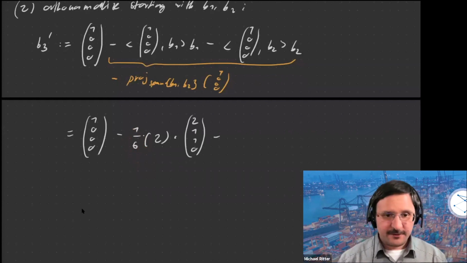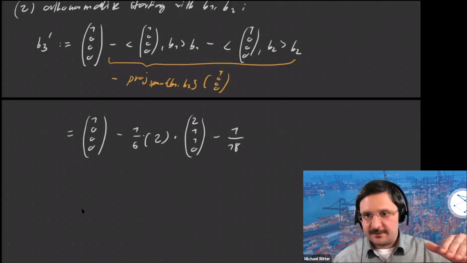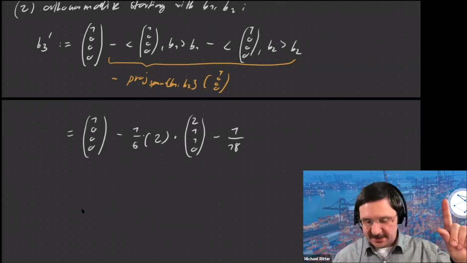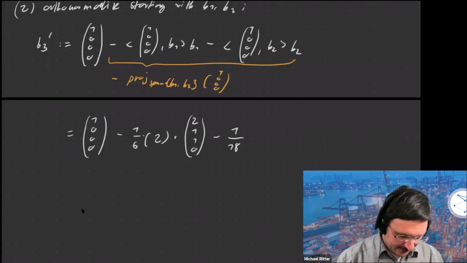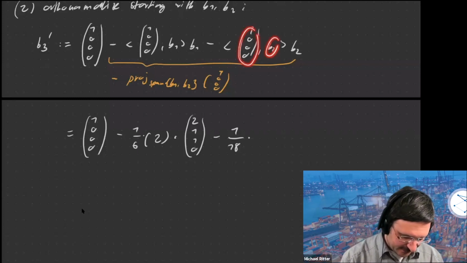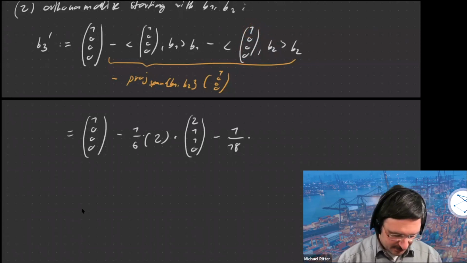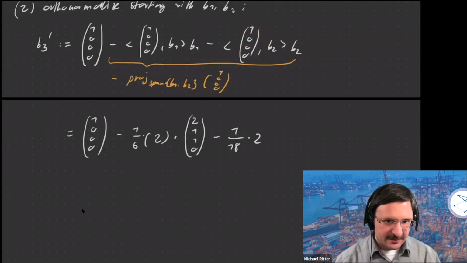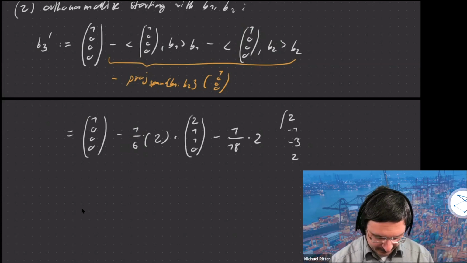And I can do the same thing for b2. b2 was 1 over the square root of 18. So if I'm taking out that factor, I get 1 over 18. Again, I have that 2 times, once in the scalar product here and once here. Then I have the scalar product of this vector and b2. So that simply yields the first component of b2, which is 2, times b2 without normalization, which is 2, minus 1, minus 3, and 2.